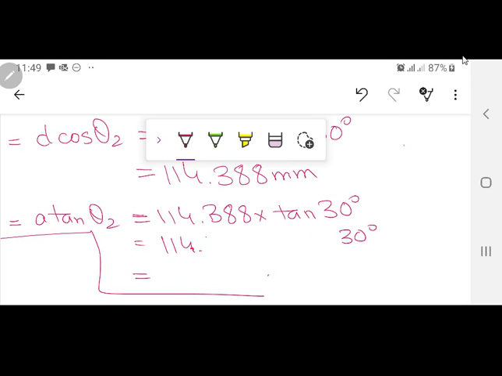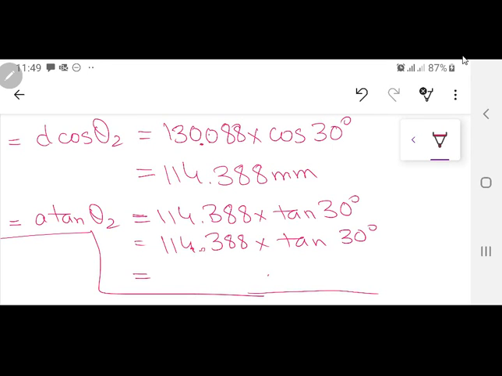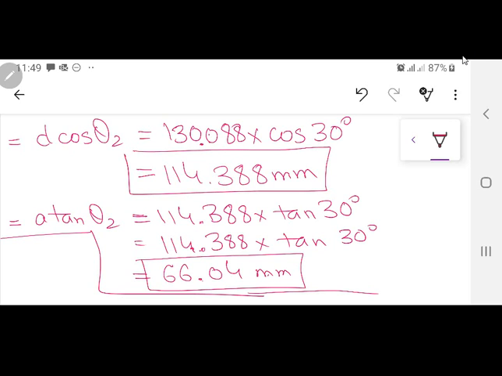G, please answer. 66.04 mm. 114.388 and 66.04 mm. You have there.